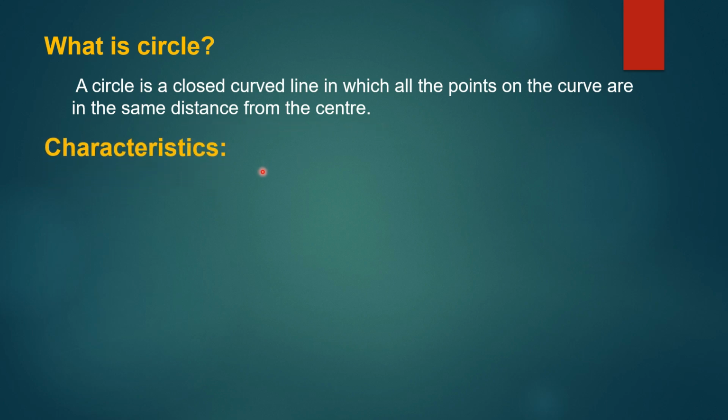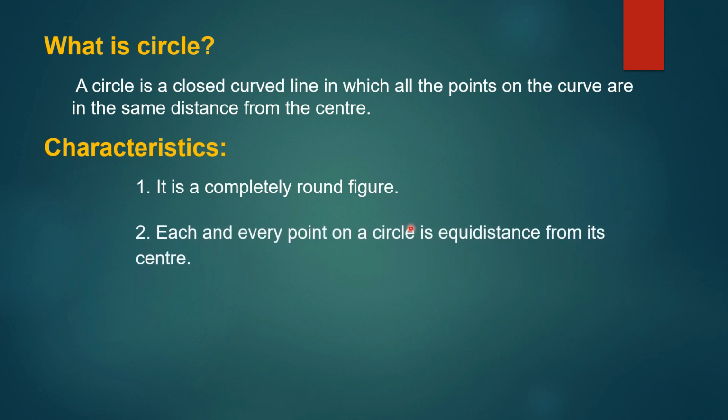Now characteristics of circle. Number 1, it's a completely round figure. Number 2, each and every point on a circle is equidistant from its center. Number 3, its diameter is 2 times of its radius.